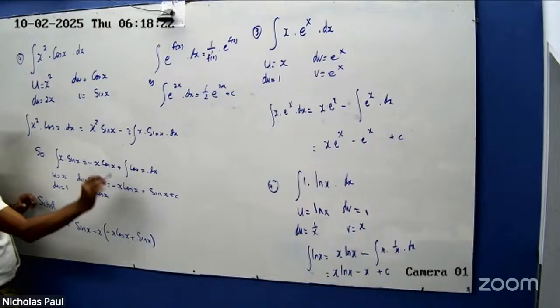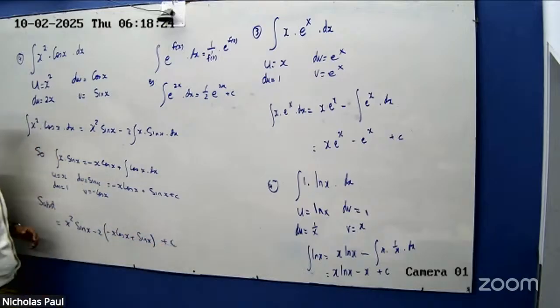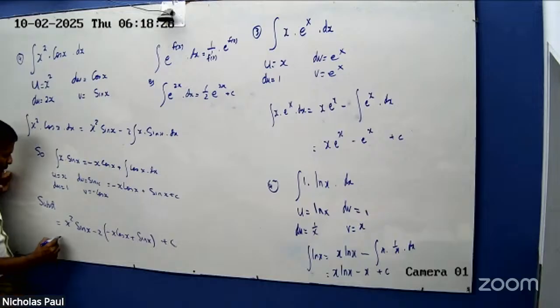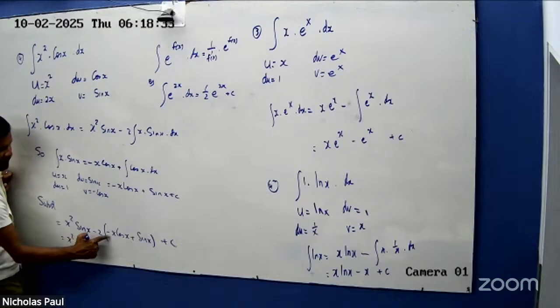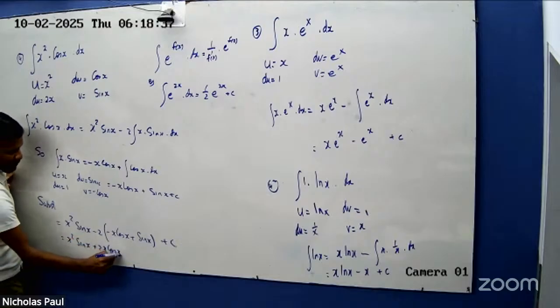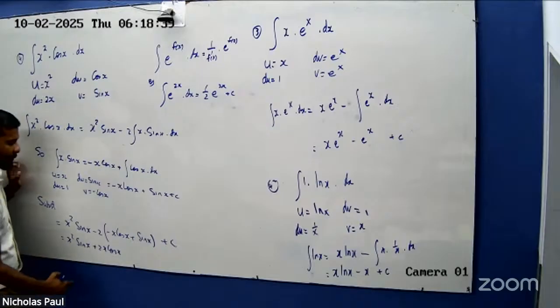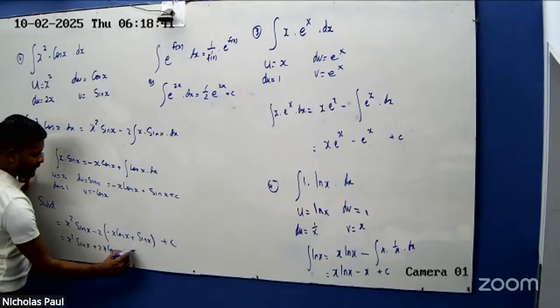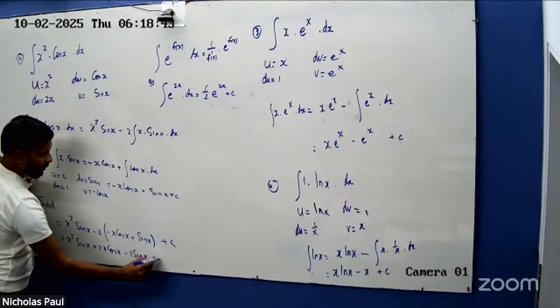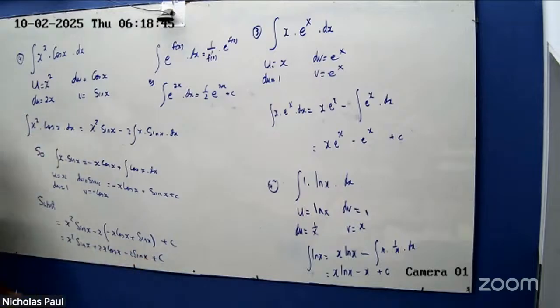I'm leaving out the constant now, putting one big plus c. In the end, we'll get the same value. So x squared sin x, minus 2 times minus is a plus 2 cos x, and minus 2 times this is minus 2 sin x. That's it. The integral of this is this.